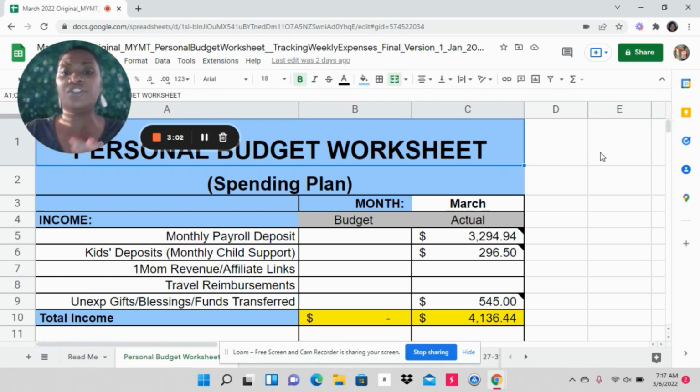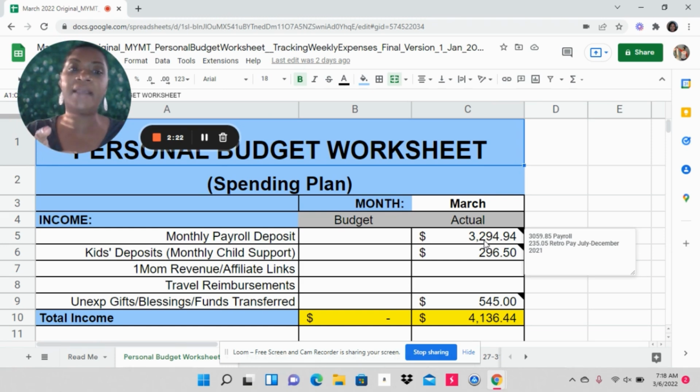And then I put in my transactions week by week. So my payroll for the month of March, which I got the last of February, was $3,294.94. The reason it looks like that is my regular payroll was $3,059.85, and then I received another check for $235.05, which was retro pay from July 21 through December 21.